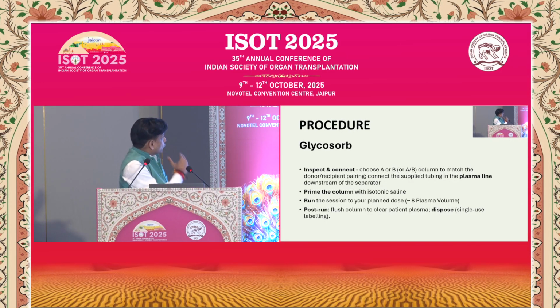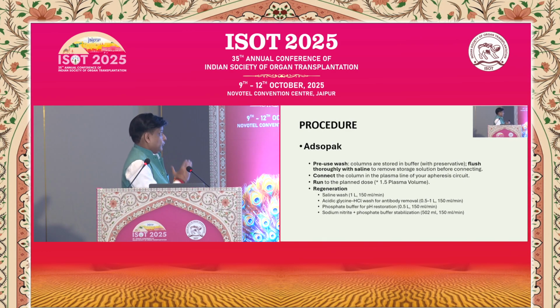So how to use Glycosorb? Prime the column with isotonic saline, run the session with your planned dose, 8 plasma volume, then flush the column after the run to clean the patient's plasma. And the adsorption packs we have used in some patients, after 1.5 plasma volume, you have to regenerate them again.